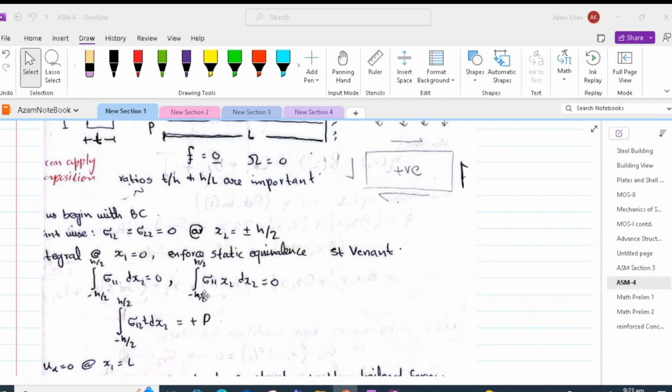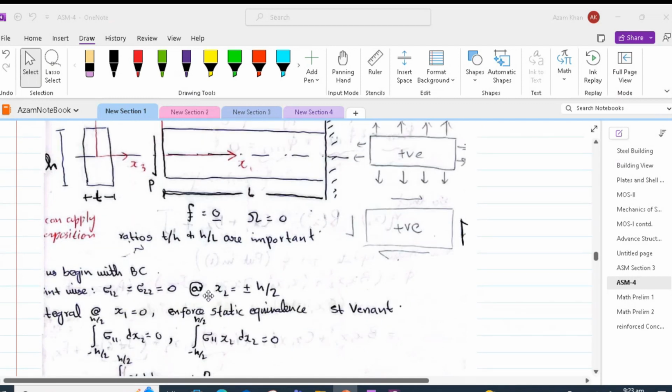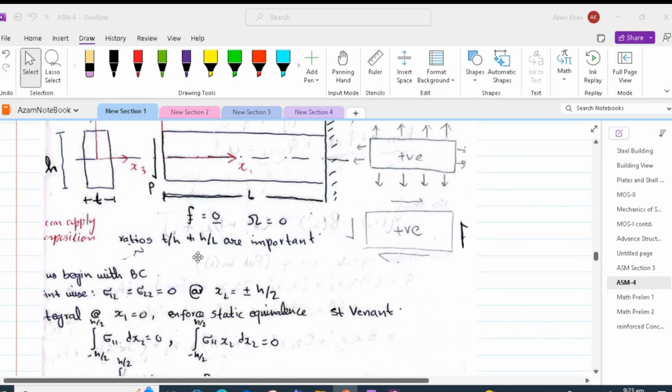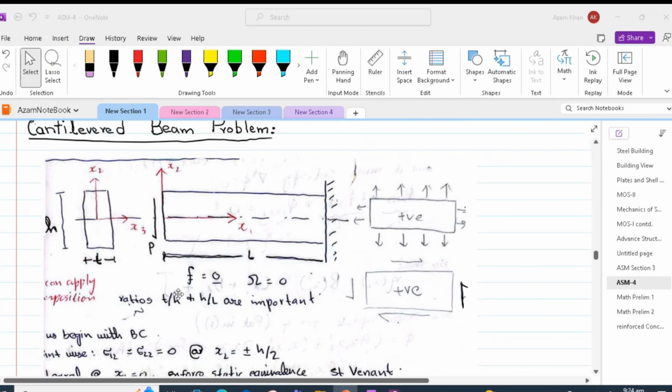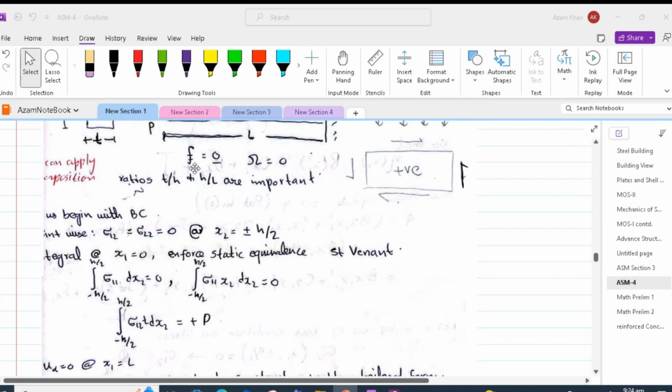We can also have another boundary condition, which is the moment at the free end equal to 0. So the integral of sigma 11 times x2 times dx2 will be equal to 0, integrated from minus h by 2 to plus h by 2. This one is the axial force at the free end, and this one is the moment at the free end.